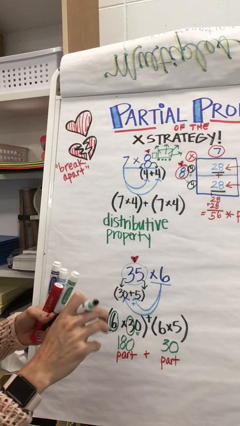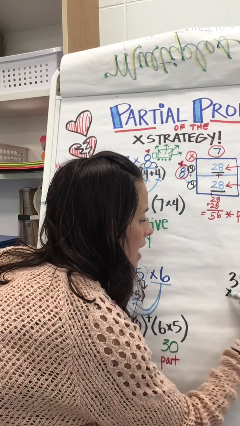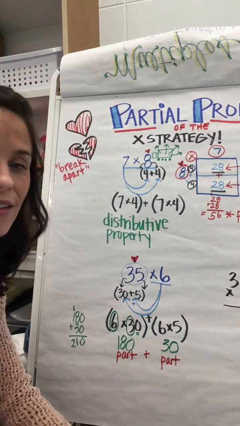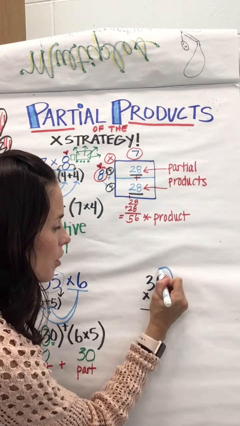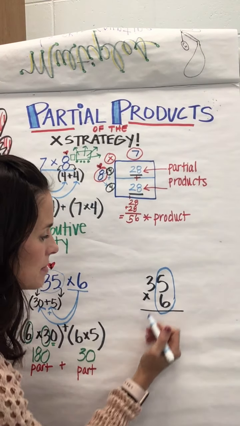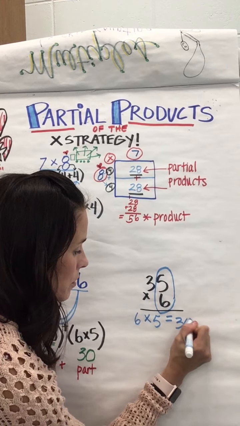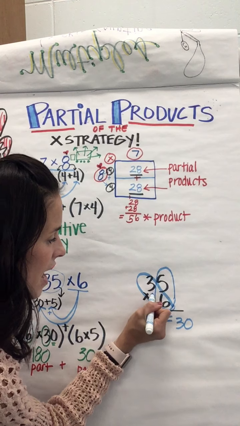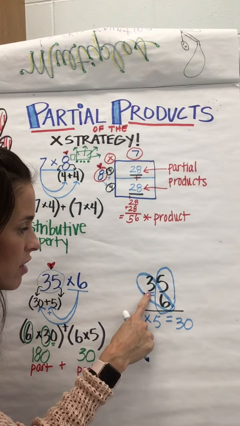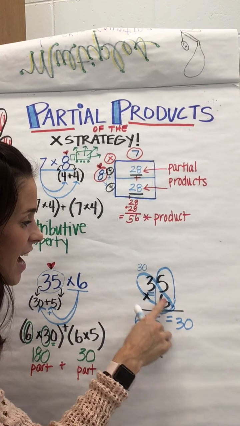Okay, and even another multiplication strategy works for this. So think about really fast, if you think about standard algorithm, 35 times 6. If you think about standard algorithm, it's actually doing the same thing. Okay, really here, you're multiplying 6 times 5, correct? So 6 times 5 is 30, we just said. And really here, you're multiplying 6 times, well, what is that? It's not just a 3. Look at its place value. It's actually a 30, right? 6 times 30.